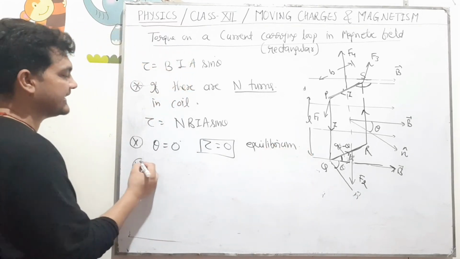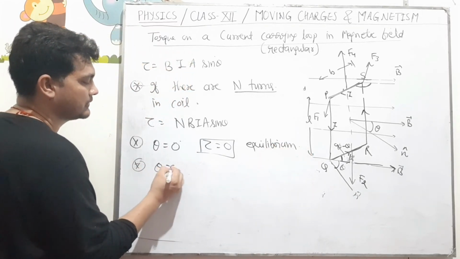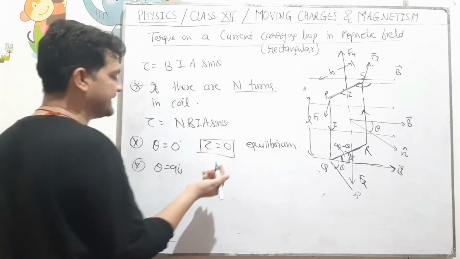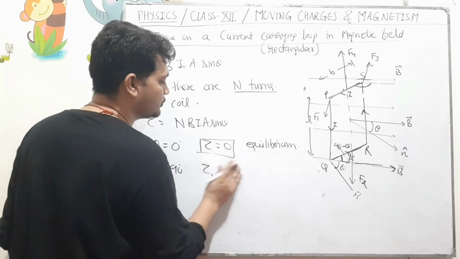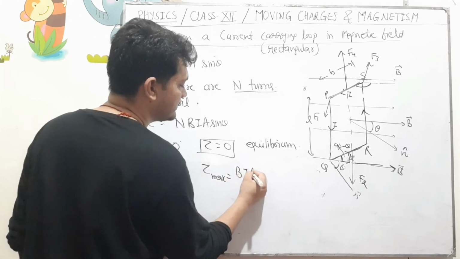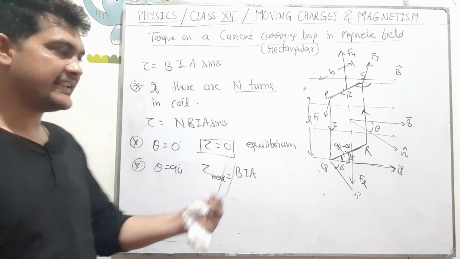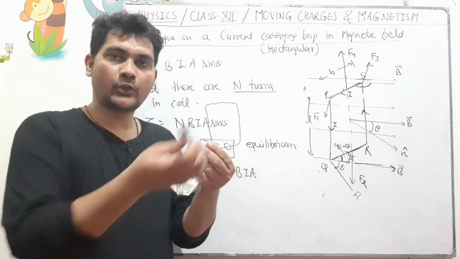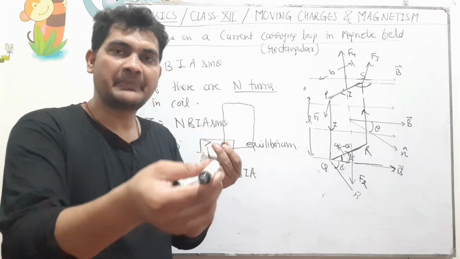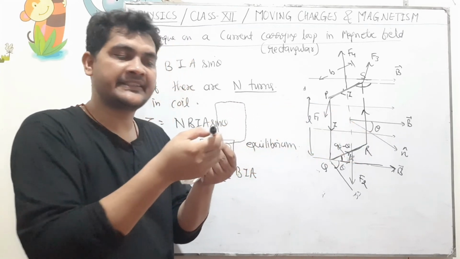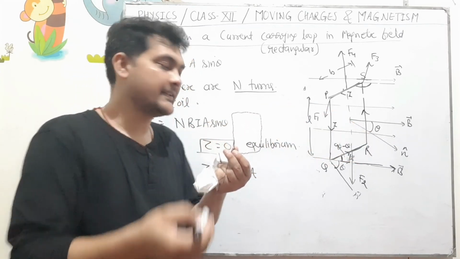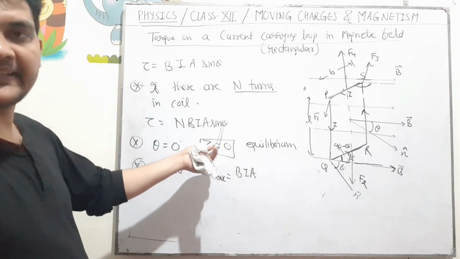Now, if theta is 90 degree, then sin 90 is 1. In that case, torque is maximum, and that will be equal to BIA. If theta is 90 degree, this is the situation. Normal is in this direction, and the magnetic field is rightward. Therefore, the angle is 90 degree, and sin 90 is 1.